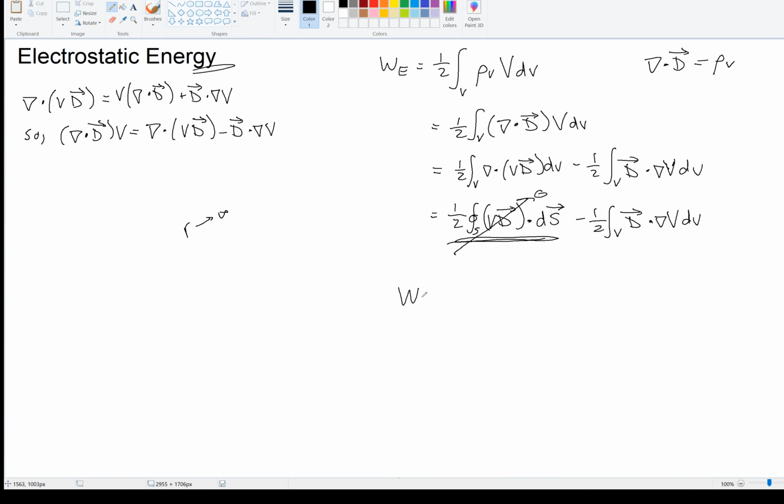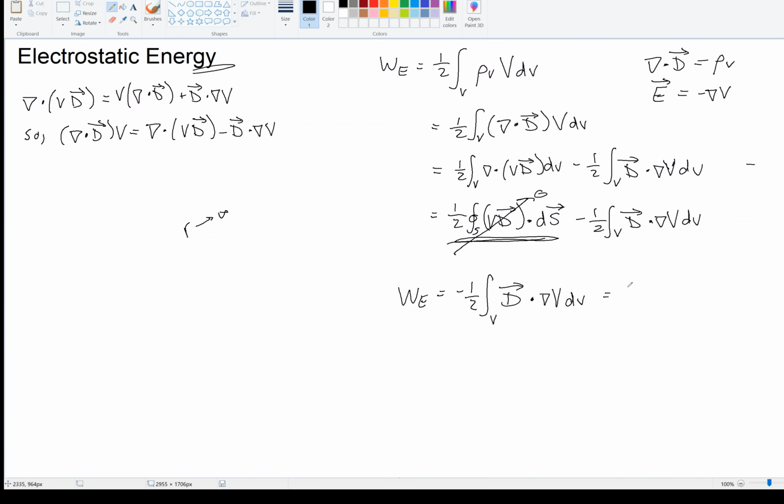And it's okay if you didn't follow that argument. What we get is that the total energy is negative 1/2 the volume integral of D dot gradient of v dv. And remember, lots of good refreshers here. Remember that the electric field is the negative of the gradient of the potential.